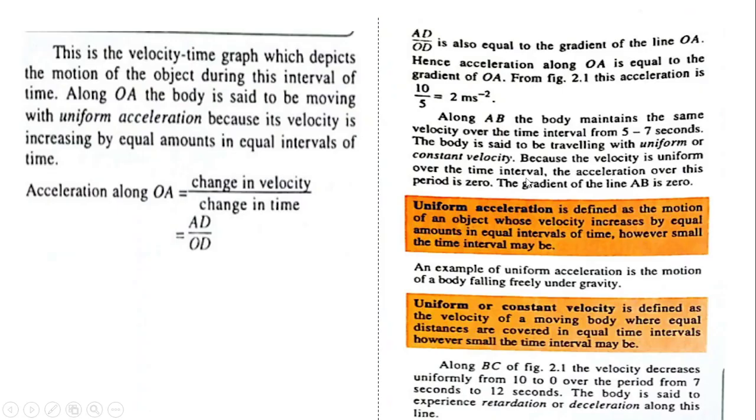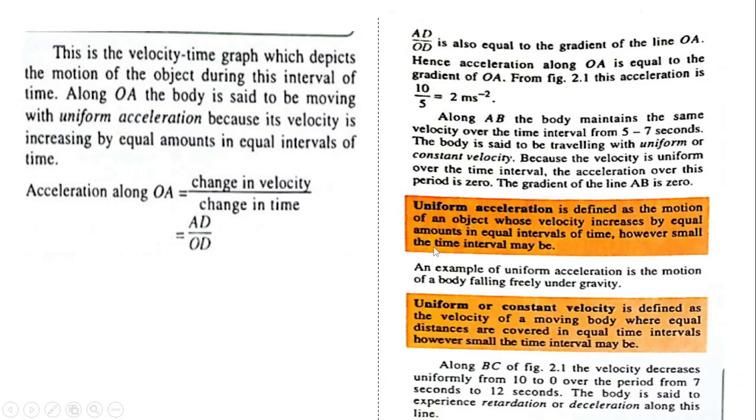The body is said to be traveling with uniform or constant velocity because the velocity is uniform over the time interval. The acceleration over this period is 0, so the gradient of the line AB is 0.